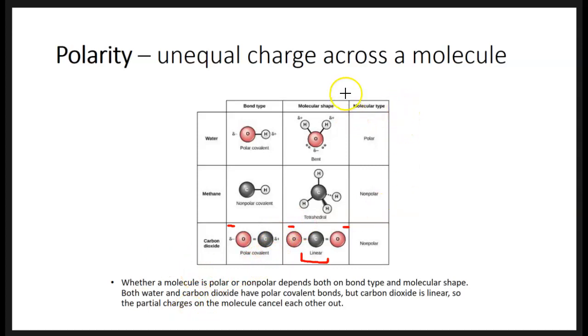Really, the important things to know are that molecules that have an unequal distribution of charge, positive at one end, negative at the other, are polar, and nonpolar molecules have an equal distribution of charge. And carbon tends to be involved in lots of nonpolar molecules.